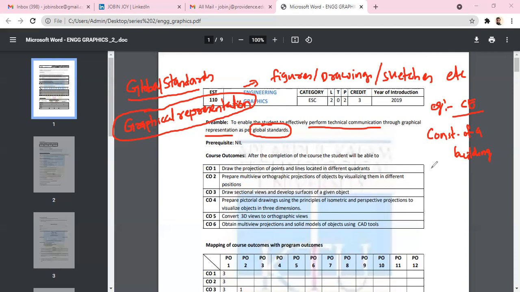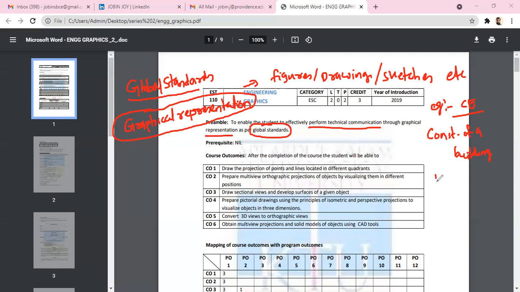That means everybody in the world can understand the concepts and the graphical representations. That is the meaning of as per the global standards.